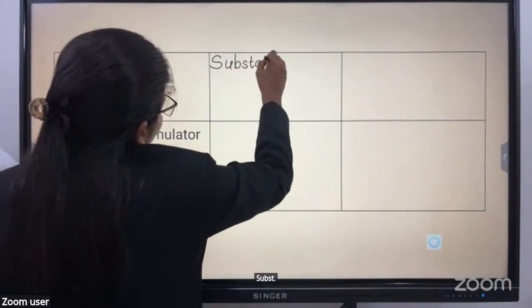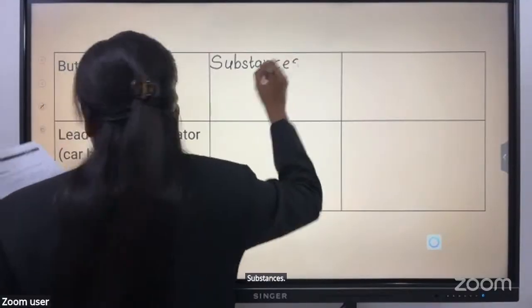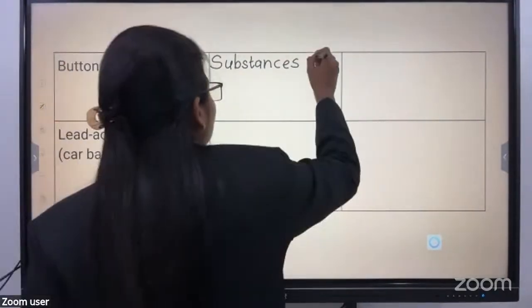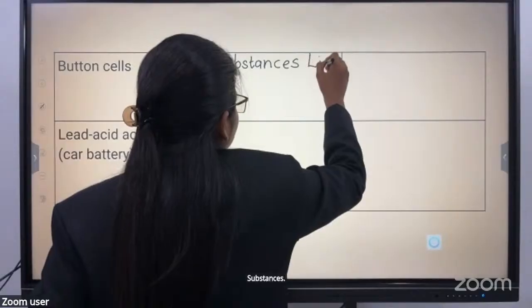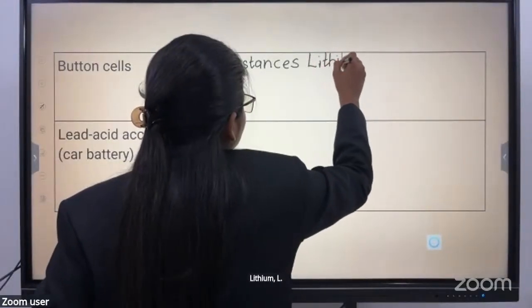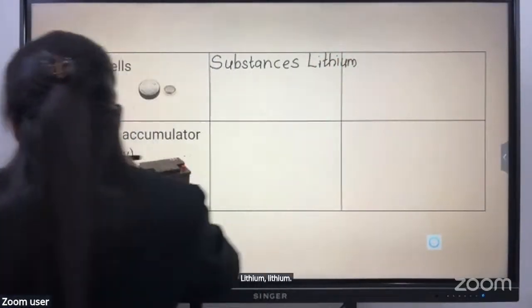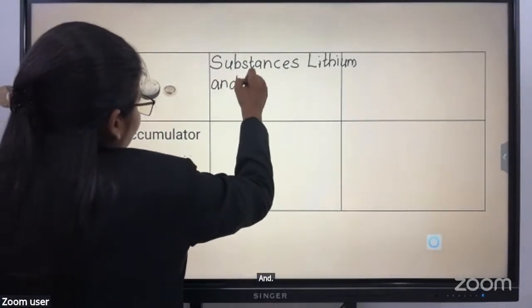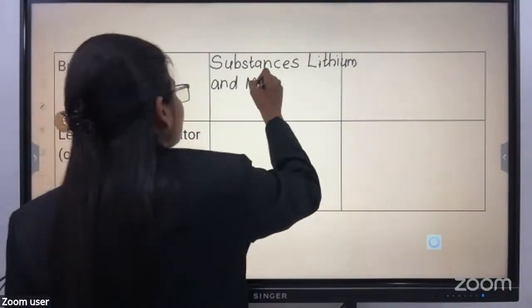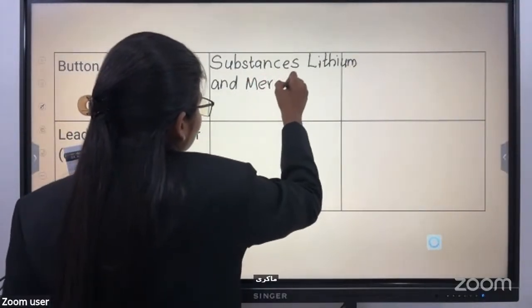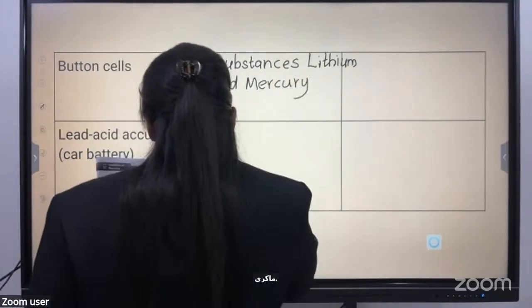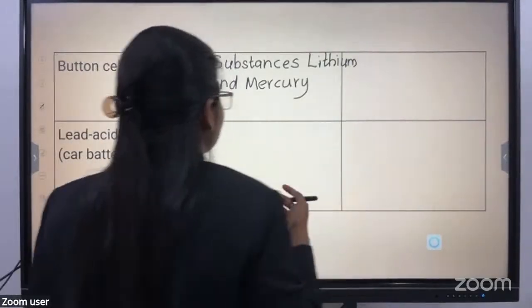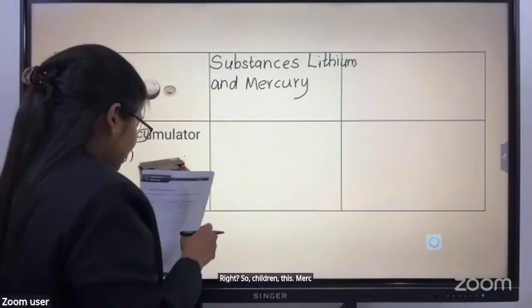Substances, lithium and mercury, right? So children, this mercury is a heavy metal, right?